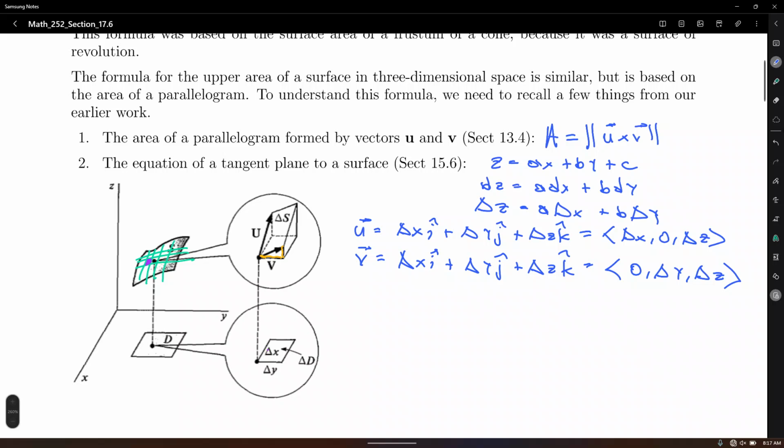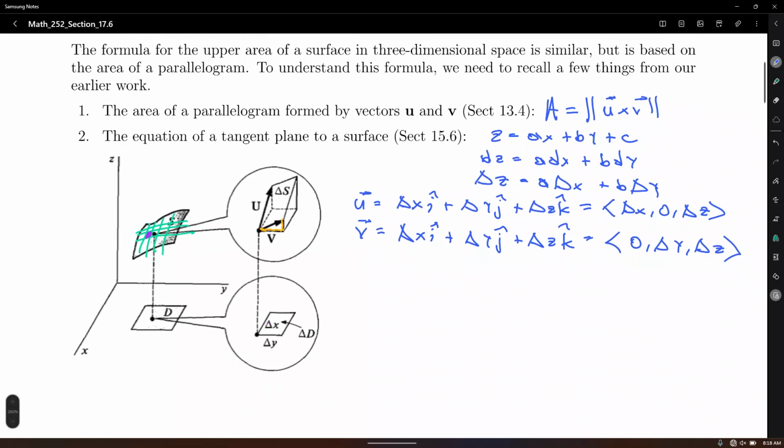Those are the components of these two vectors. Those are the two vectors for which we're going to take the cross product and find the magnitude of the resultant vector. The magnitude of that vector is going to give us the area of that tiny little plane, and adding them all up together will give us the element of surface area.